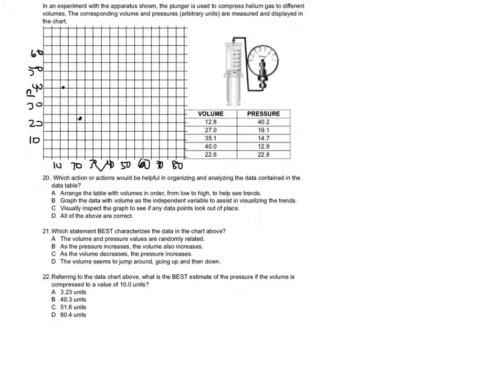All right. Then our next one is 27 and 19.1. 27 is going to be in between 25 and 30, so now we're kind of in the middle of this square here. And then 19 is going to be just a little bit below 20, so we're up towards the top here.